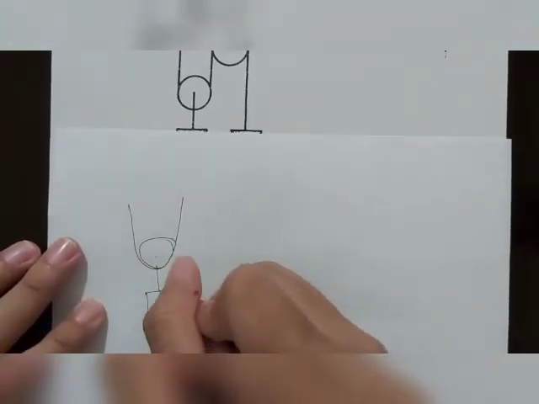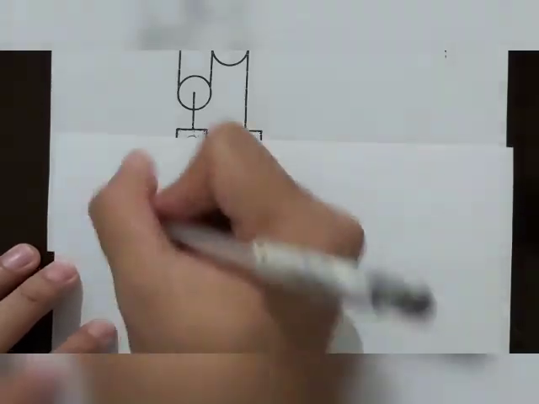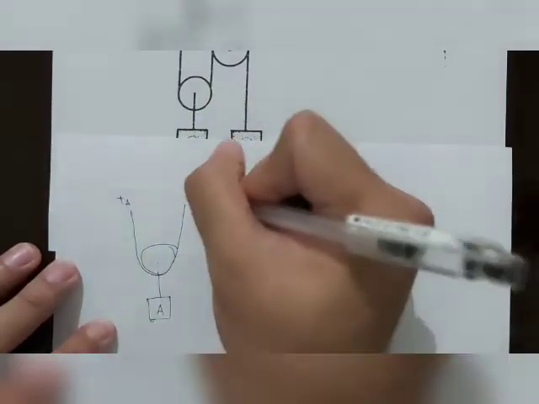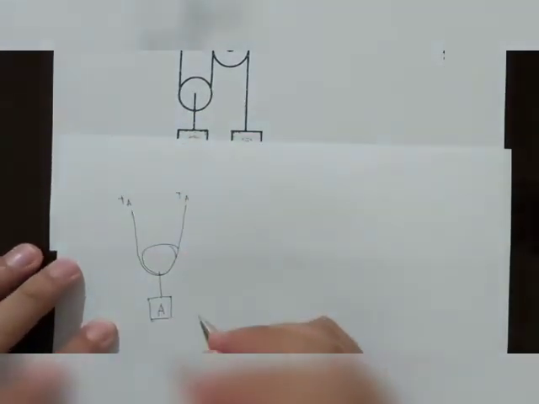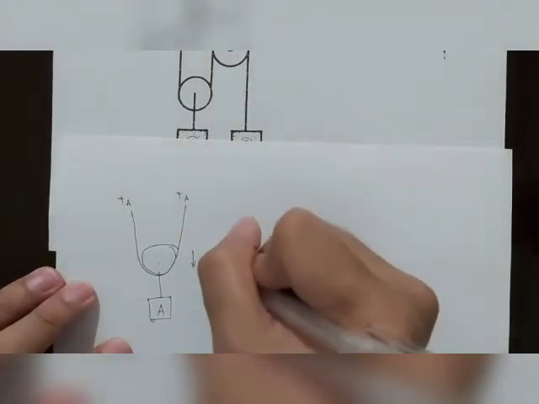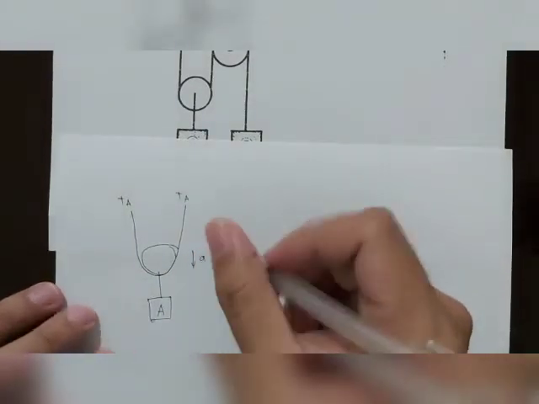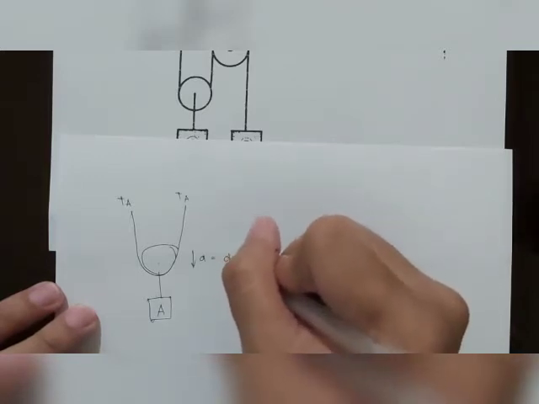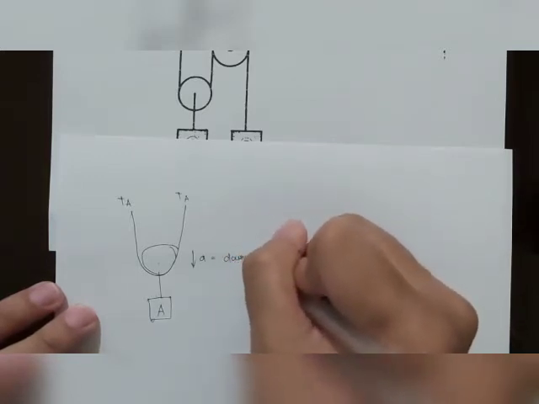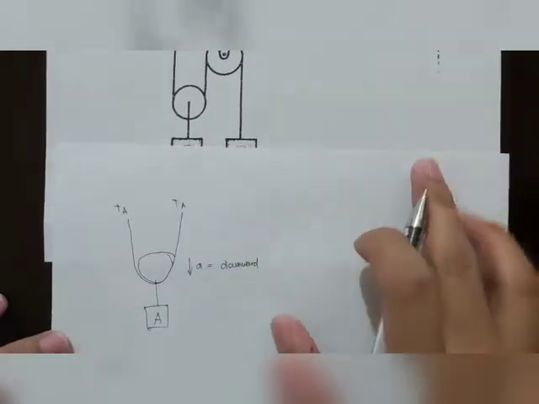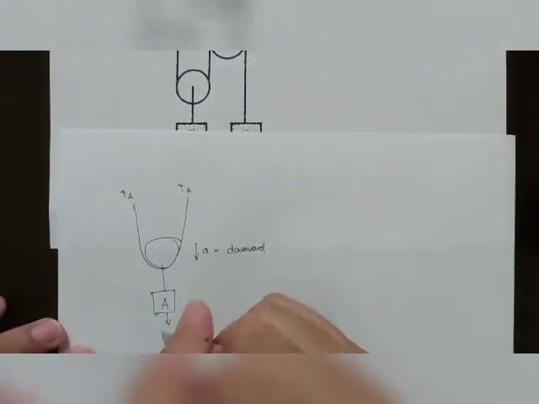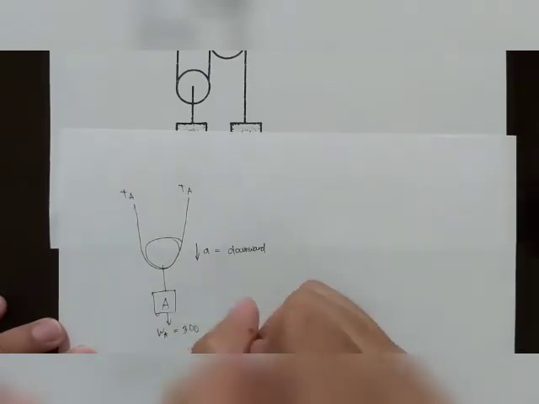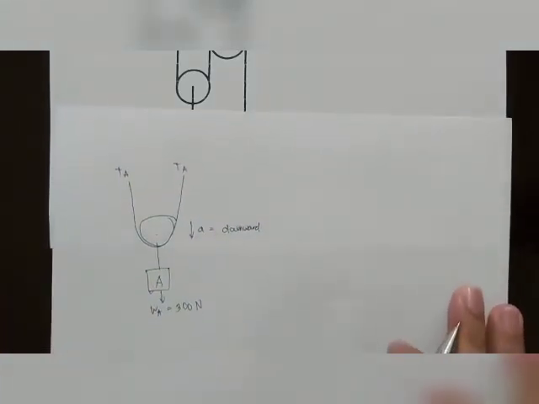Block A natin. Then dito, meron tayong tension A. And then, tension A din. Okay, so acceleration na ginamit natin dito is pababa. Ma-assume na natin pababa. So, downward. Okay. Then, may weight tayo dito. Weight A natin is 300 Newton. Okay.